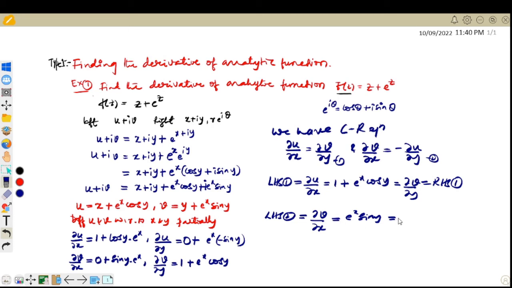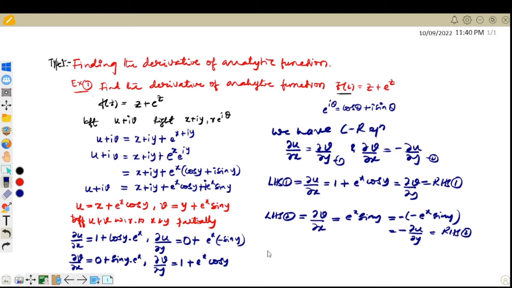This can be also written as minus times of minus e raised to x into sin y. And this is same as minus e raised to x into sin y is same as dou u by dou y, which is same as RHS of 2.